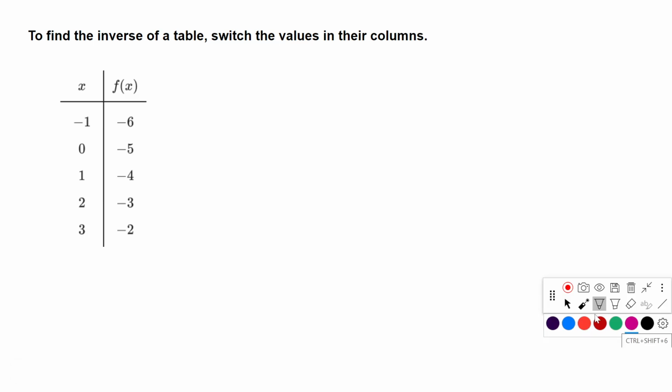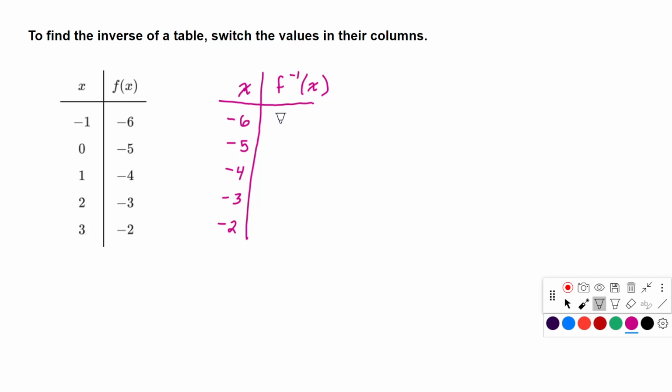So when you're having to write a new table for a function that's given to you as a table, we're going to use the inverse function notation, so inverse f of x, and in my x column, which is my inputs, I'm going to enter what were my original outputs, so -6, -5, -4, -3, -2.